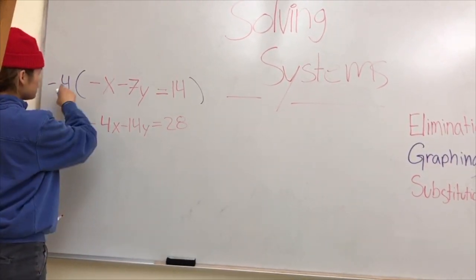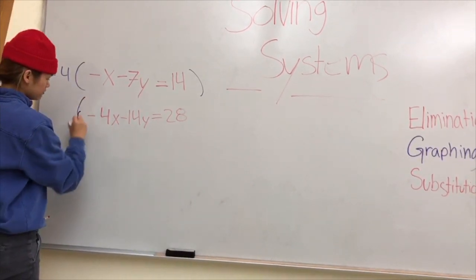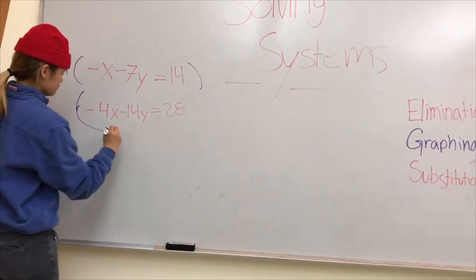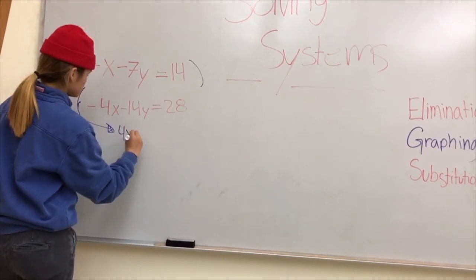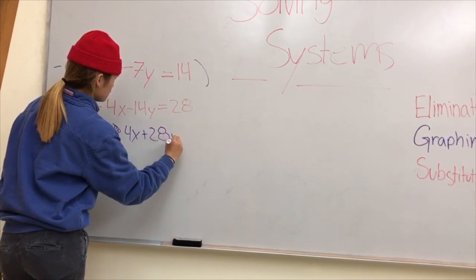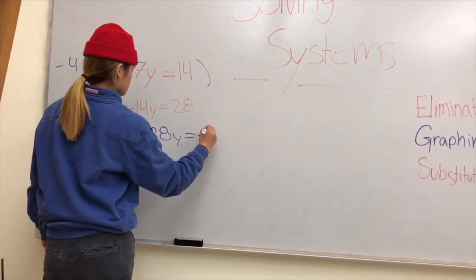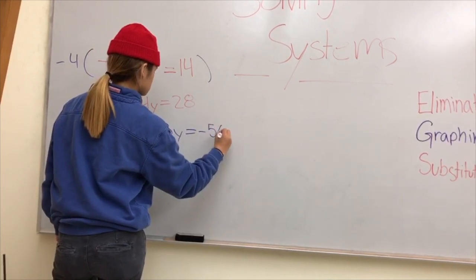So now, let's distribute the -4 into the equation and bring it down here. 4x plus 28y equals -56.